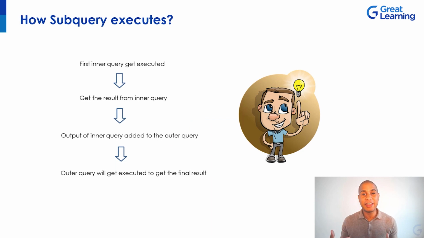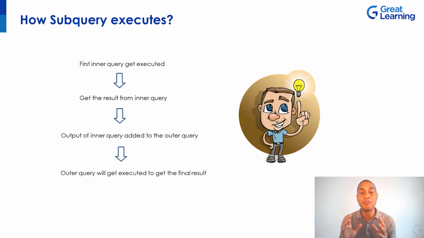First, the inner query is executed. Then we get a result from that inner query. After we get that result, the output of the inner query is added to the outer query. The outer query will get executed as the final result.